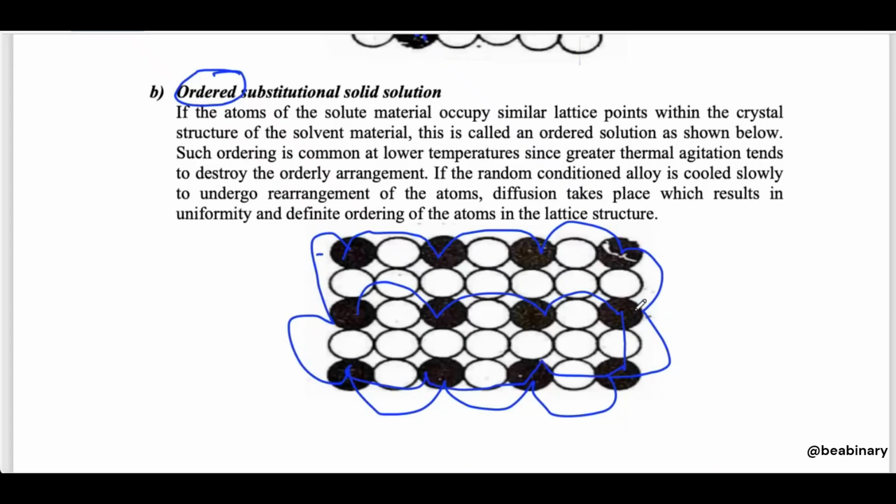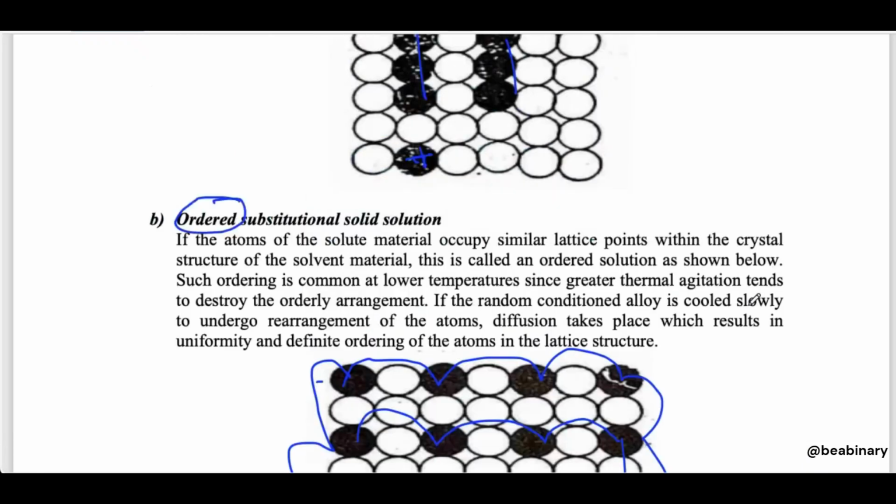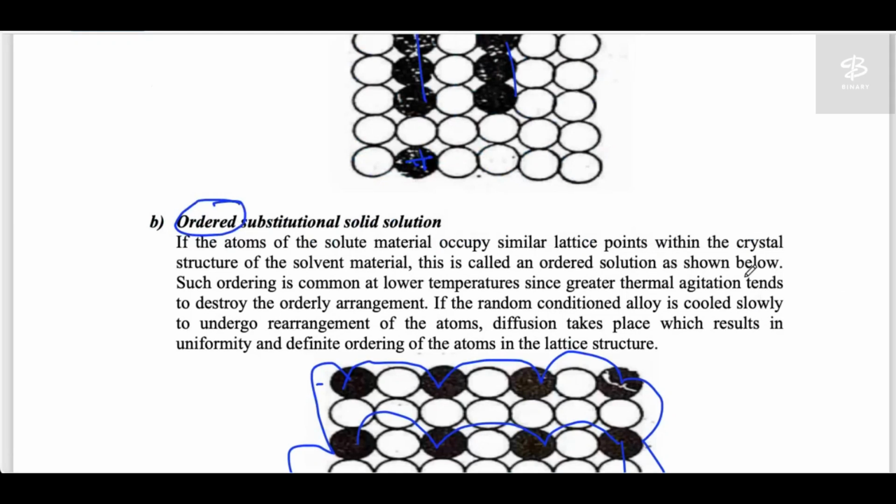So they have maintained the order. This is the difference between ordered substitutional solid solution and random: it is just the manner of replacement. If they have replaced the atoms in an orderly way, it is known as ordered substitutional solid solution. If they have replaced the atoms randomly, it is known as random.